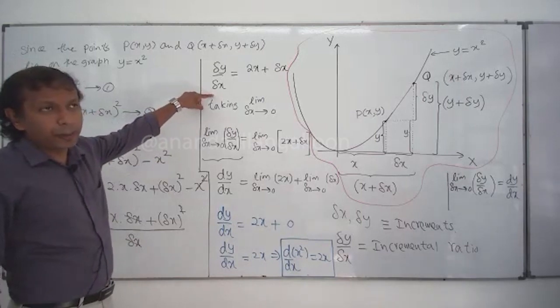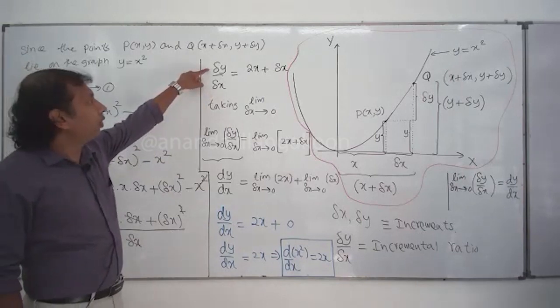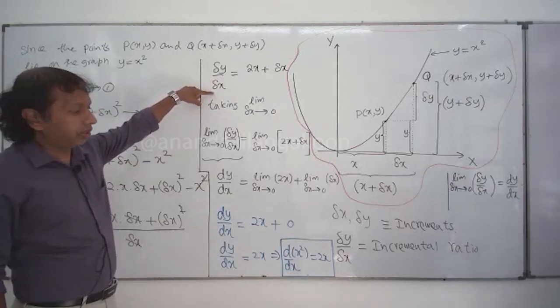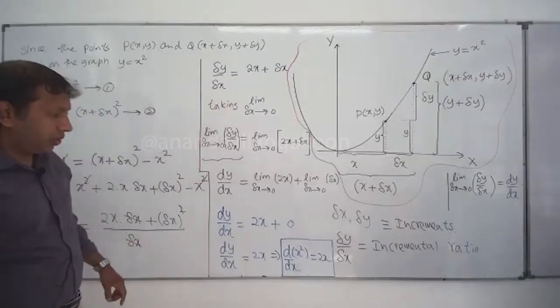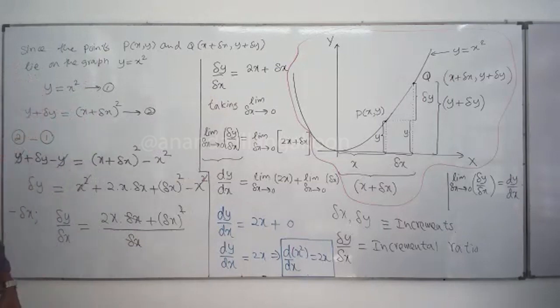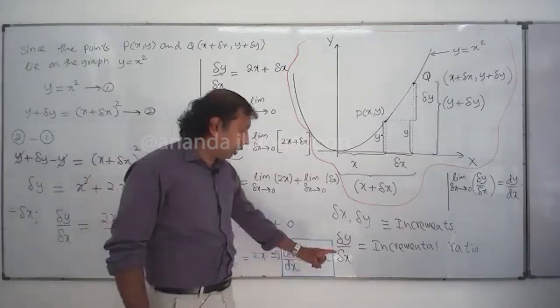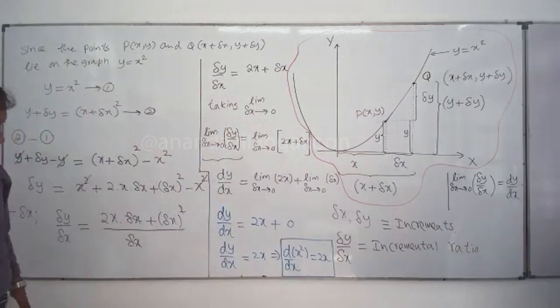The ratio delta y upon delta x is called the incremental ratio.